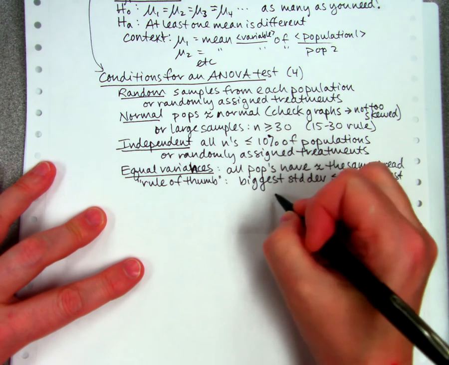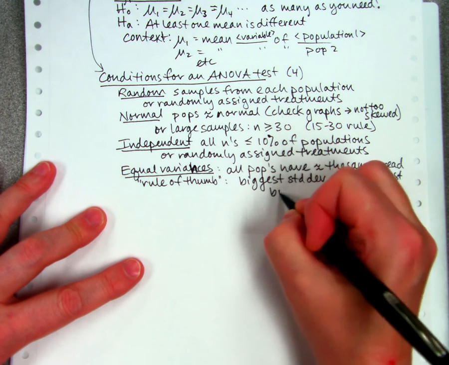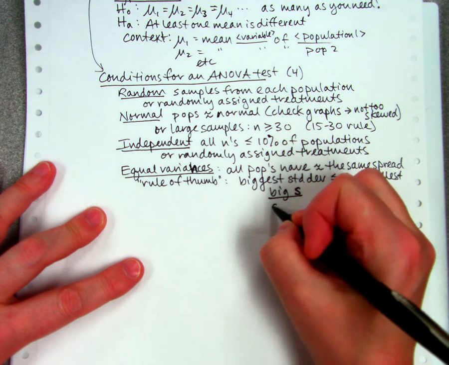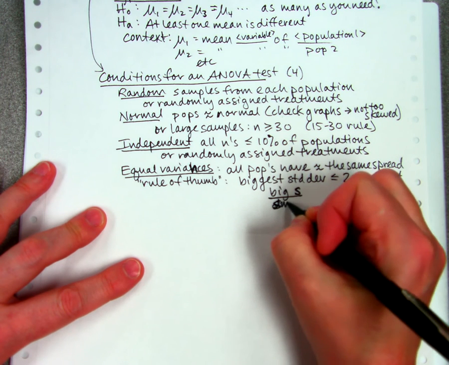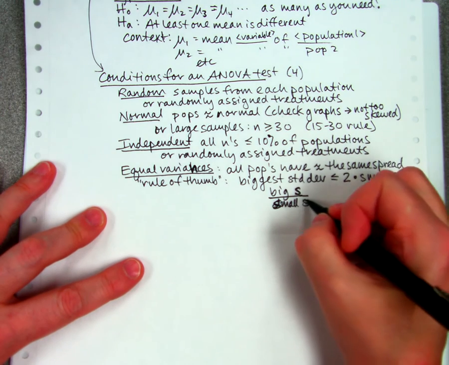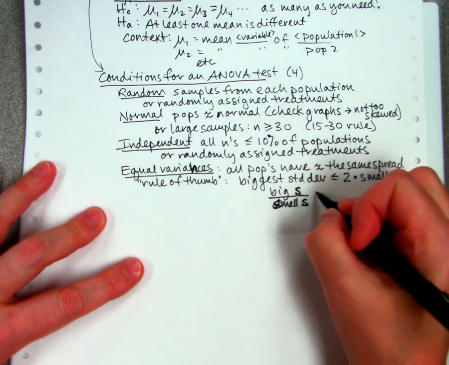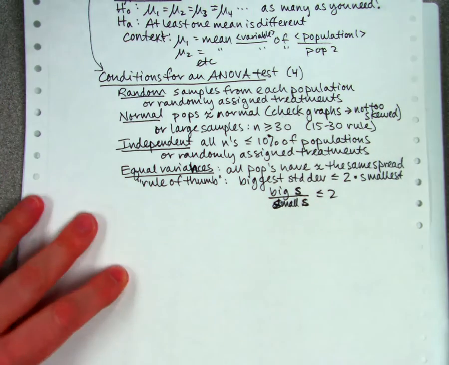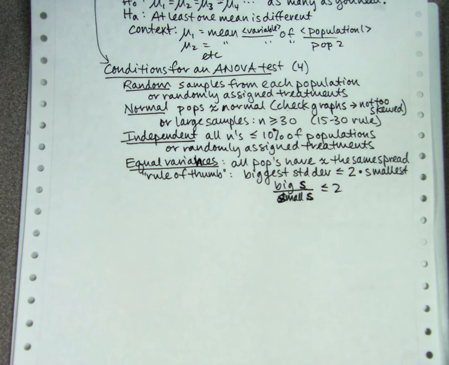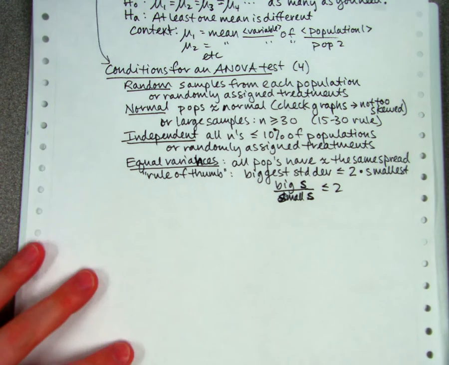So another way of saying that is that the biggest sample standard deviation divided by the smallest of all the samples, technically, because we don't have the populations, is less than or equal to 2. So you could either divide them and see if it's less than 2, or you could just think, well, if it's twice as big, that's bad. If it's less than twice as big, then we're okay.